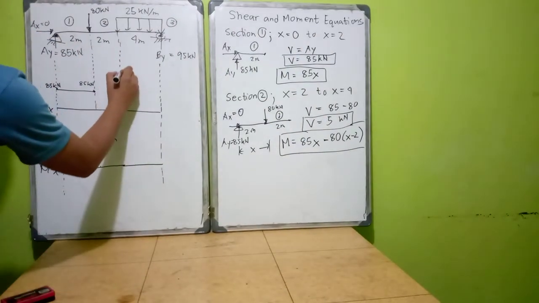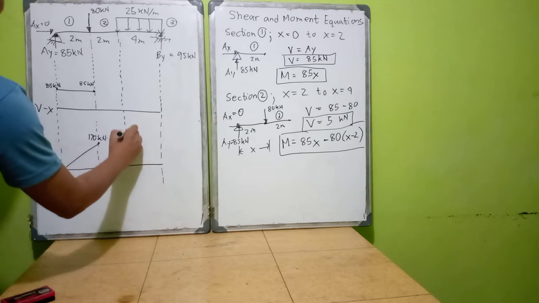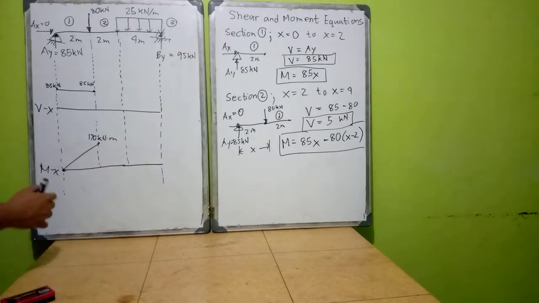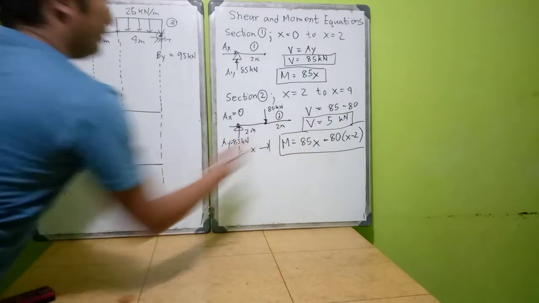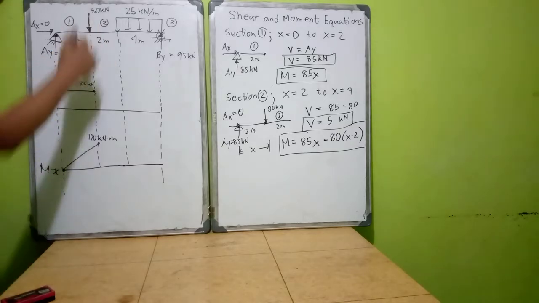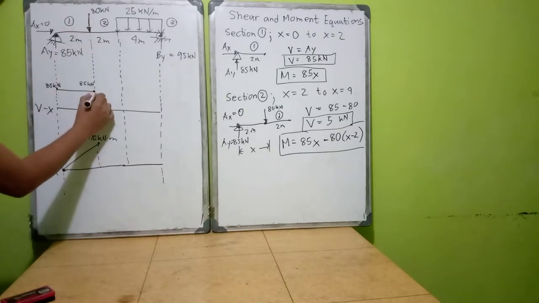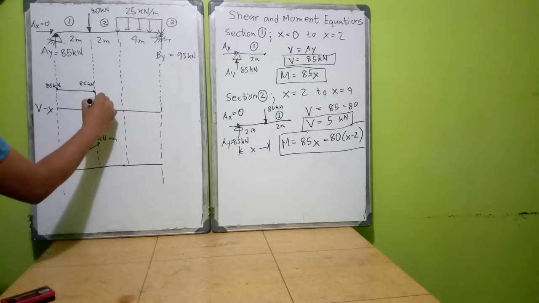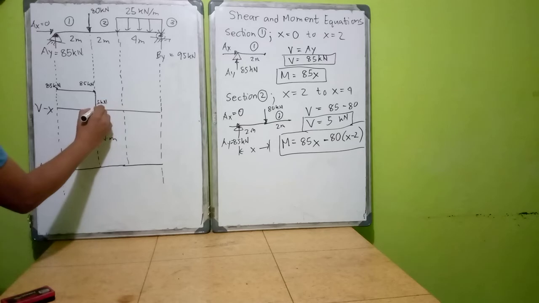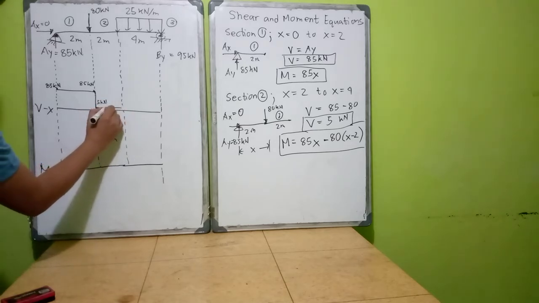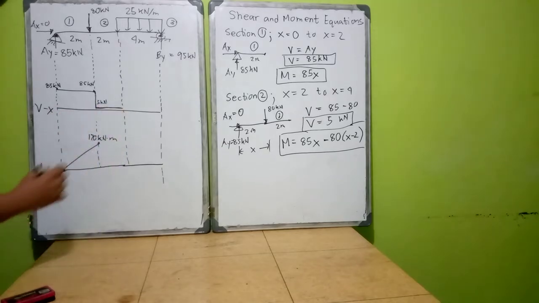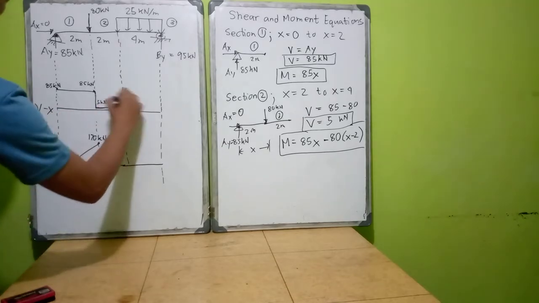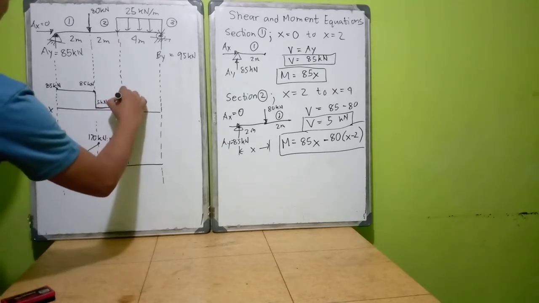This is your shear and moment diagram. Your shear equation from 2 to 4 is 5 kilonewton, so there is a point where it will go down. I apologize if it's not straight; it's supposed to be horizontally straight until this area. This is also 5 kilonewton.